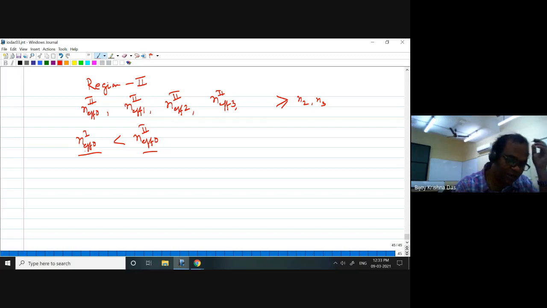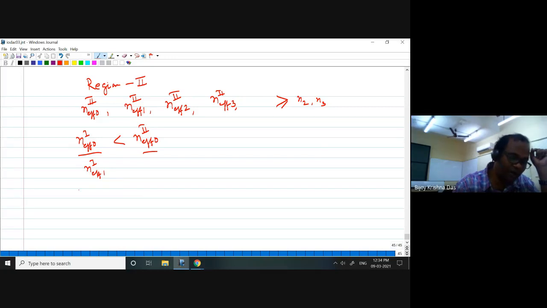I am considering the fundamental mode in region 1 and the fundamental mode in region 2. Higher thickness gives you higher effective index, even if you compare fundamental to fundamental.